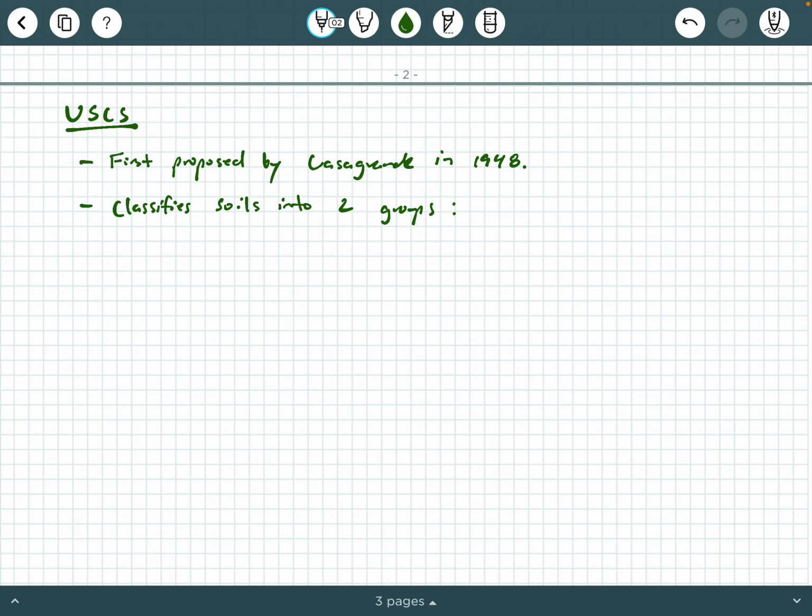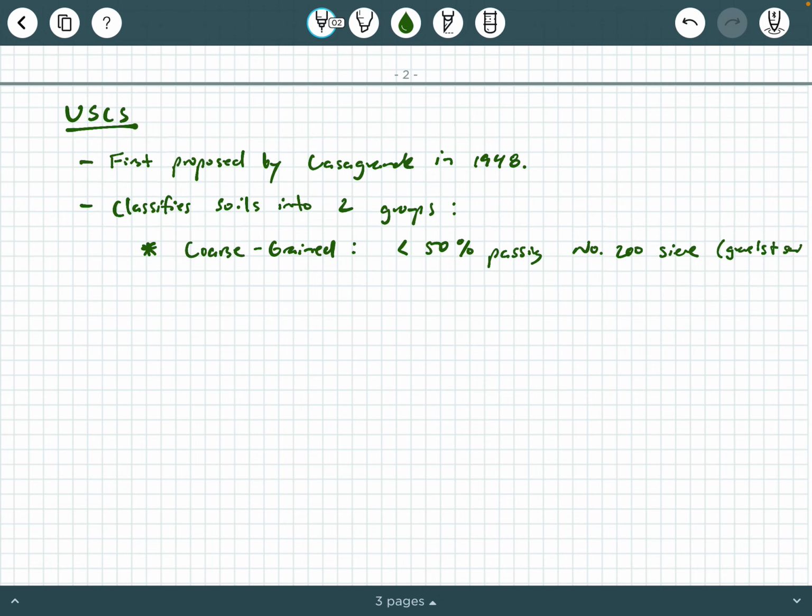And those are, I'll make a little star here, sub-bullet point, coarse grain soils. This has less than 50% passing the number 200 sieve. Okay, so these are gravels and sands.